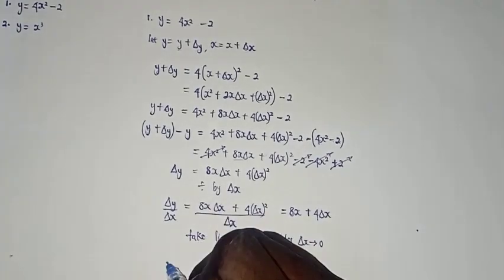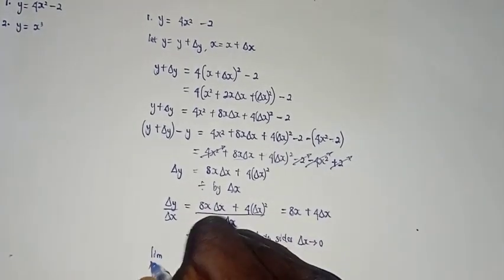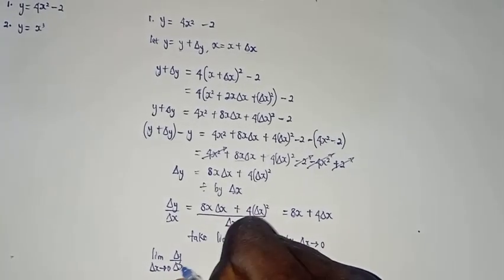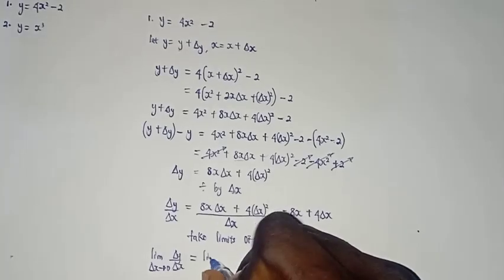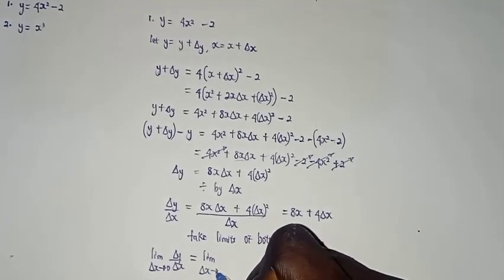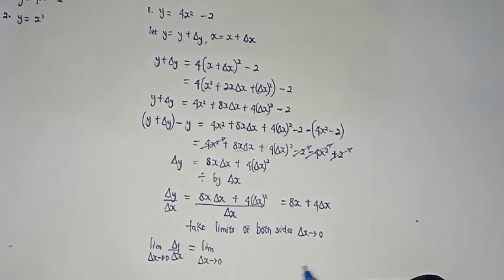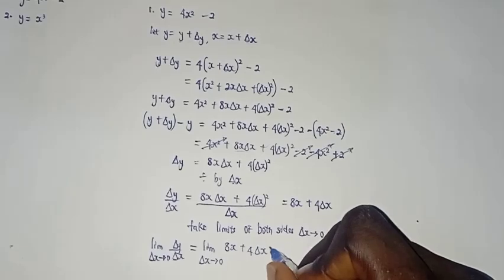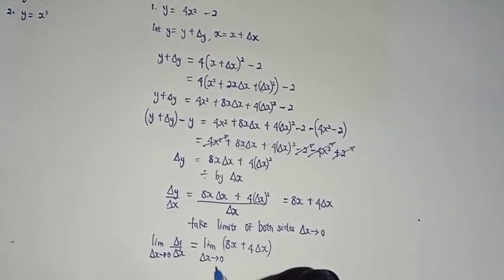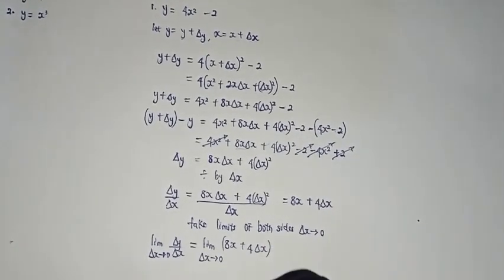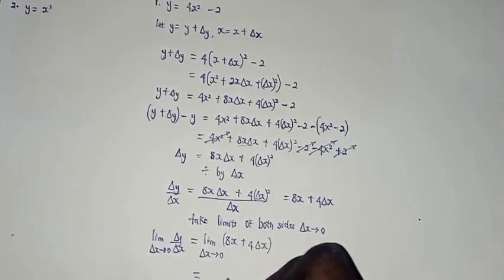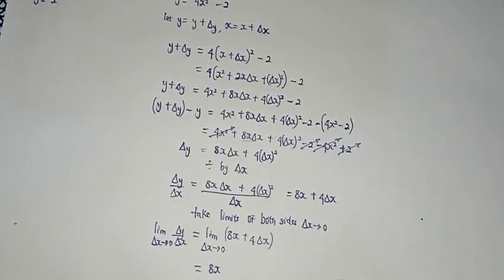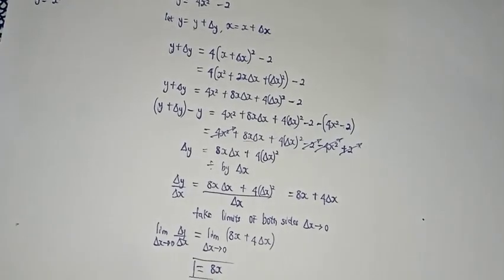So this becomes limit as delta x approaches 0 of delta y all over delta x equal to limit as delta x approaches 0 of 8x plus 4 delta x. So we substitute delta x to be 0, and then our answer becomes 8x, right? This is our answer, 8x.